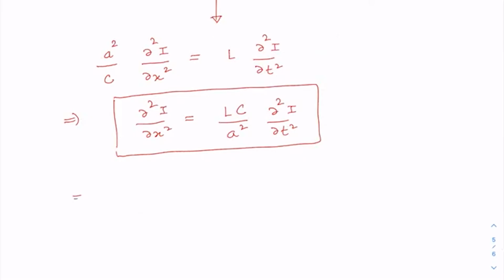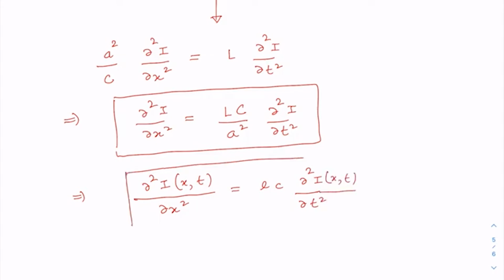This further I can simplify by writing del 2I by del x2 is equal to small l and small c del 2I by del t2, where I is a function of position and time.